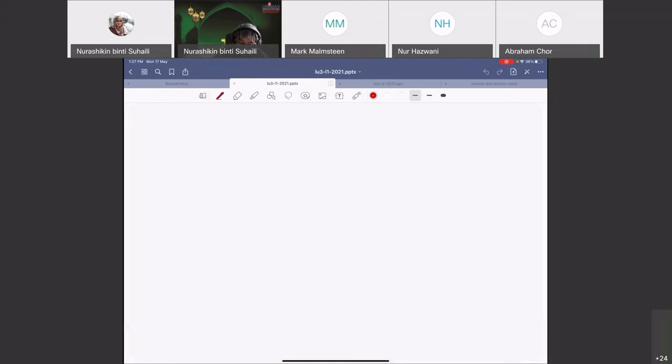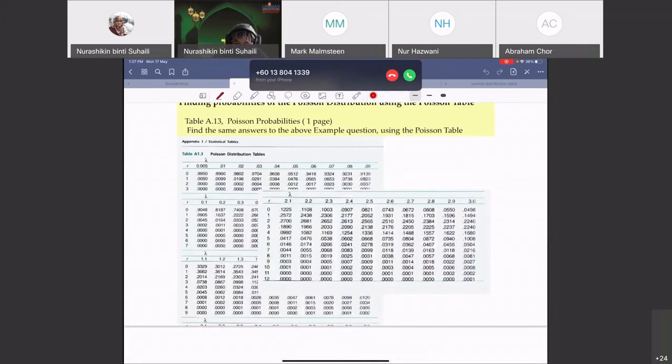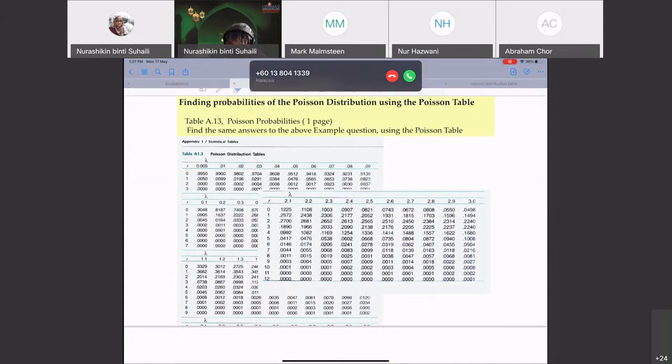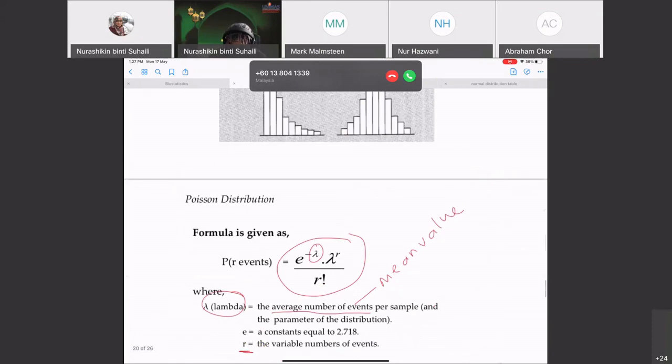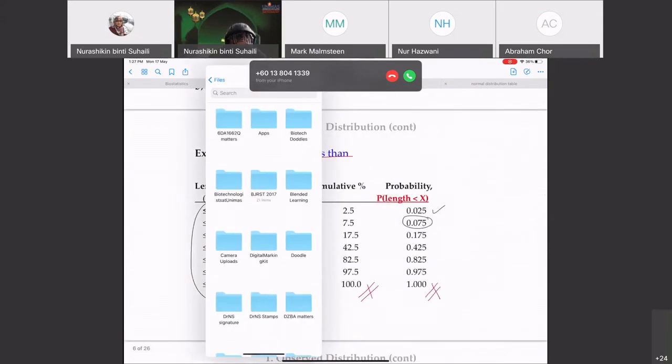And in the first lecture, we talked about Poisson and binomial distribution. Just go back to what we have learned before in the first lecture.